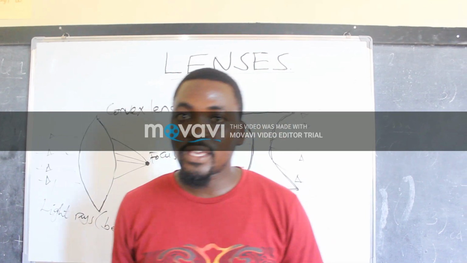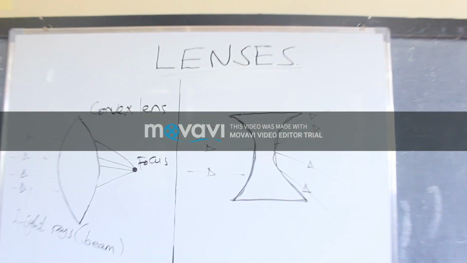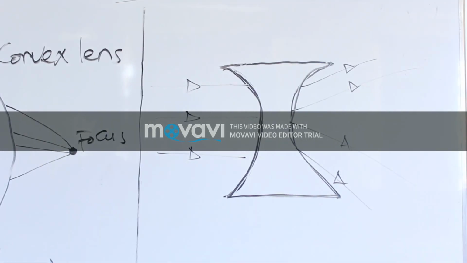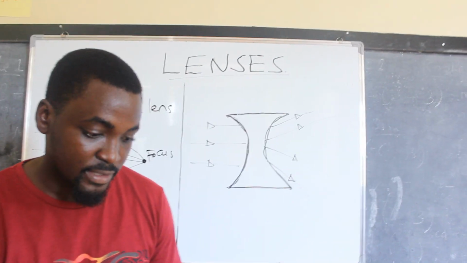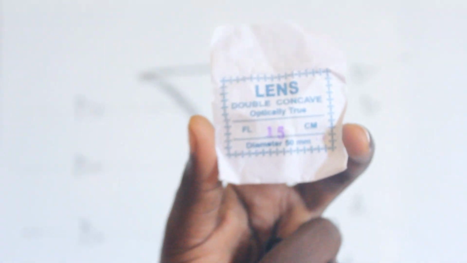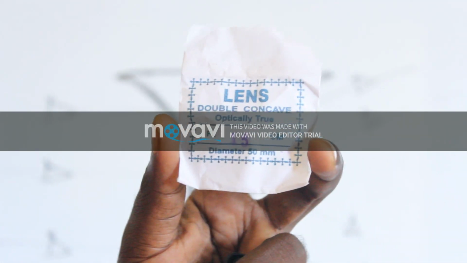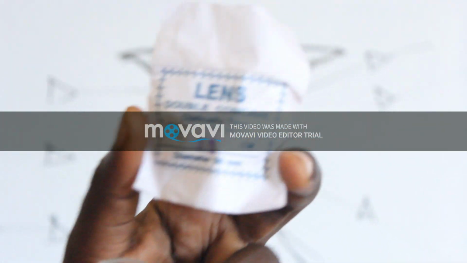I have the concave lens here by my side. Let me show you so that we can see how it responds when it is exposed to objects. The same example that we used before. This is the word lens. But if we put the concave lens here, what will happen?